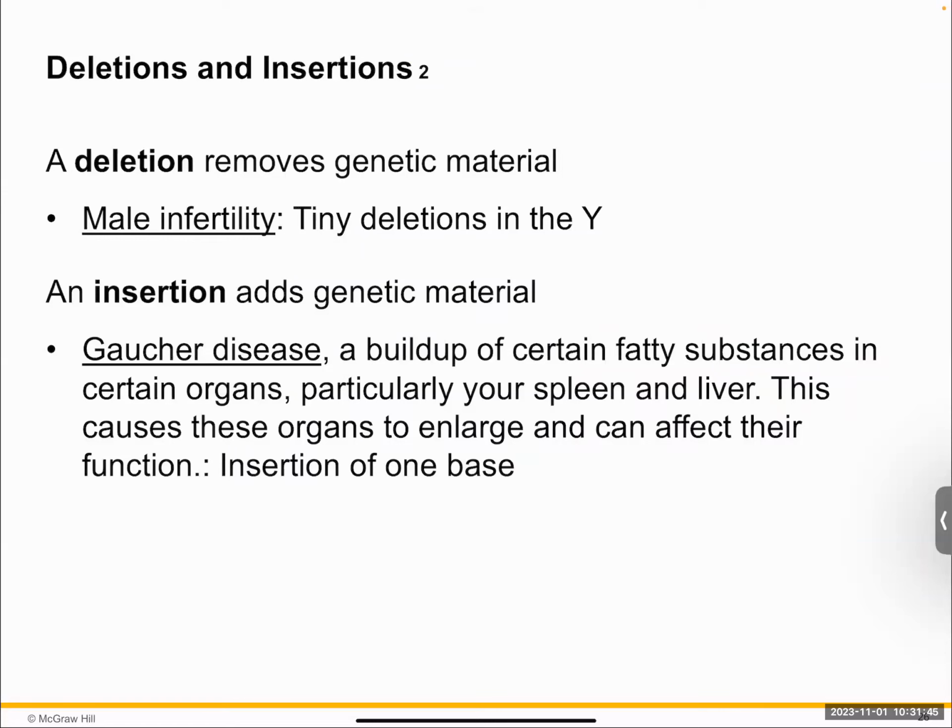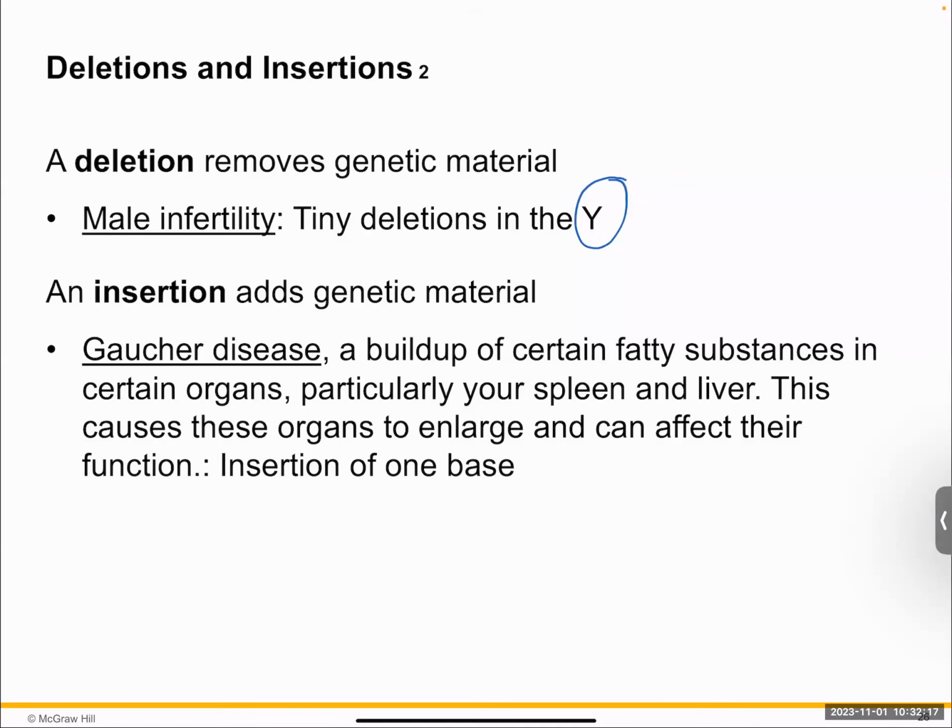Now, deletion and insertion examples that lead to major medical conditions. For deletion, we have removal of genetic information, where part of the Y gene, which identifies the sex of the baby as a boy, is deleted, and that causes male infertility, basically lack of ability to create offspring. An insertion adds genetic material.